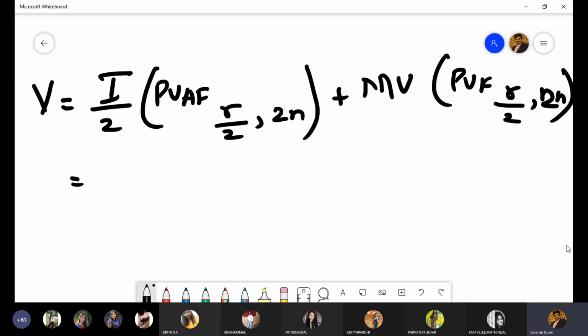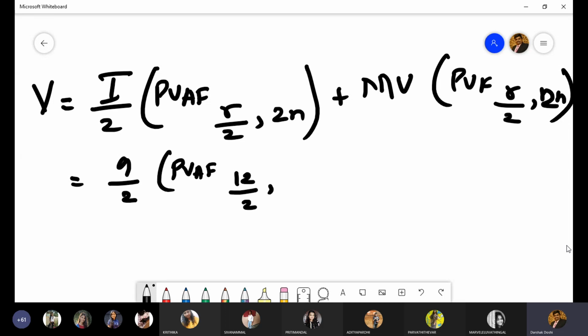How much is the coupon rate, interest rate given to us in the question? 9%. 9% of face value 100, that will be 9 rupees. So can I say 9 divided by 2, bracket open, present value annuity factor. How much is the expected rate of return of the investor? 12%. 12 divided by 2 comma.